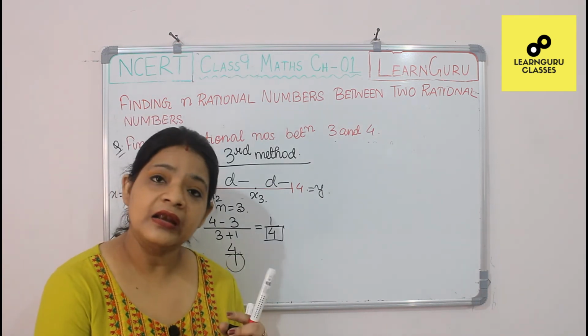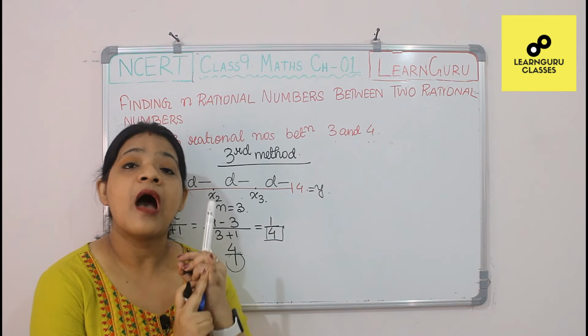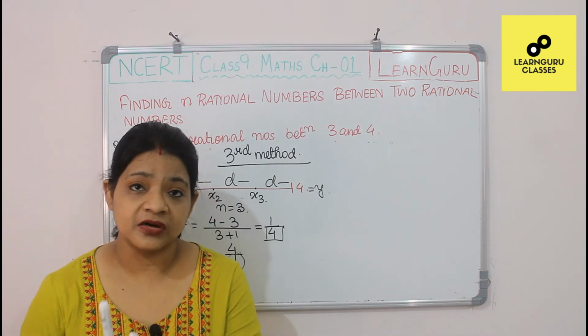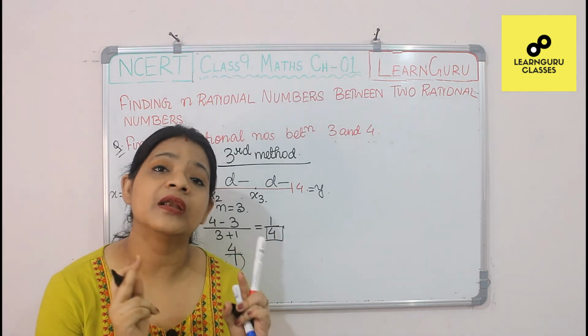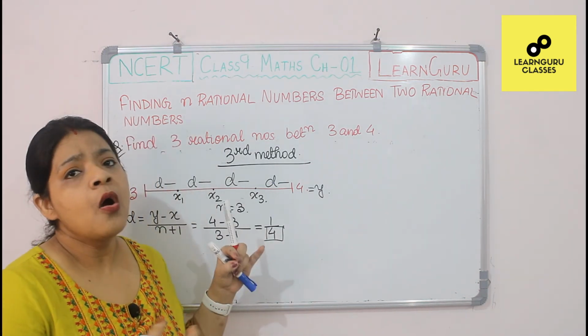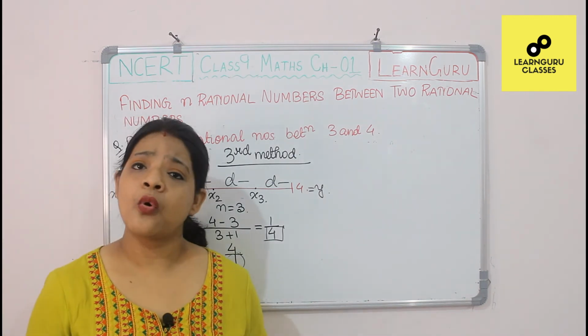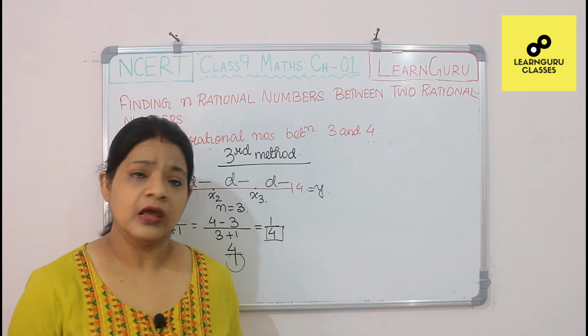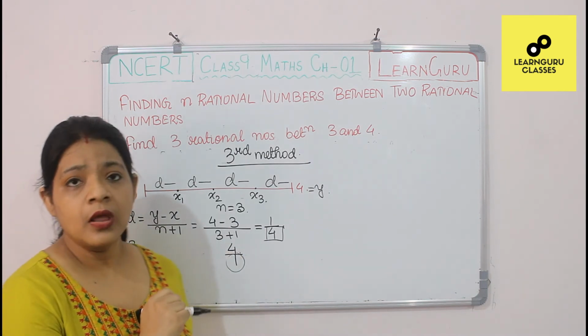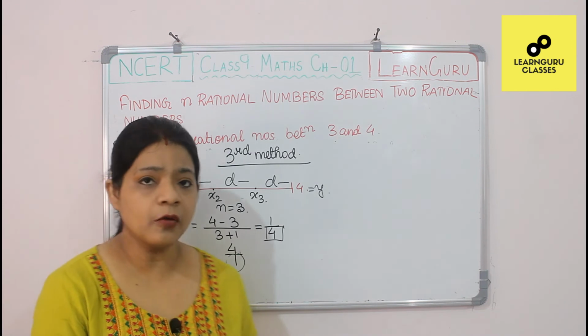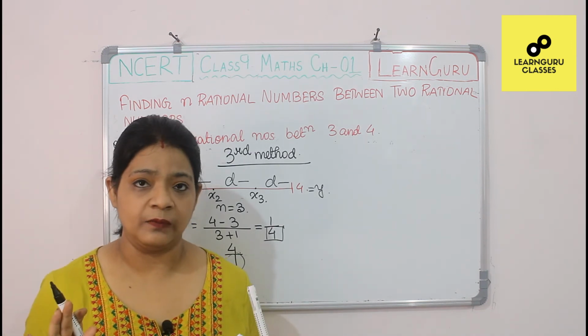Again, 3 and 4 are whole numbers or integers, isn't it? So 3 and 4 can be expressed as rational numbers 3 by 1 and 4 by 1. That much you agree with me.